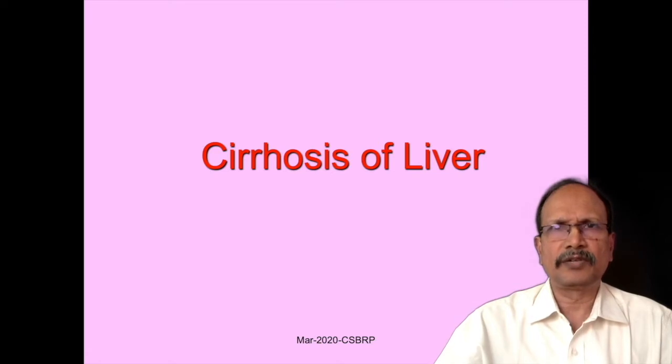Architecturally, they are very, very normal. Whereas in the case of cirrhosis, there is diffuse fibrosis, and because of this diffuse fibrosis, there is loss of architecture of the liver. This is a very important point one should understand, because in cirrhosis, the liver loses its smooth surface and it becomes nodular.